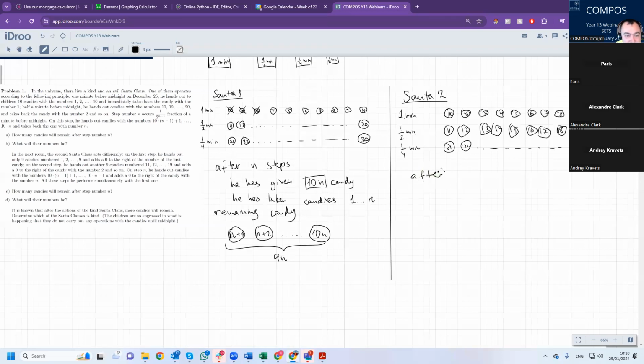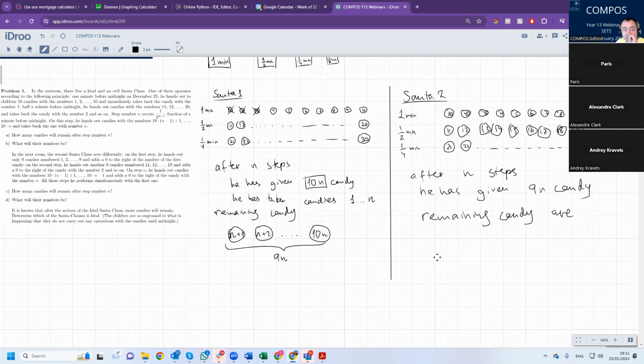So after n steps, he has given 9n candy, and the remaining candy, well, you can work out the remaining candy.